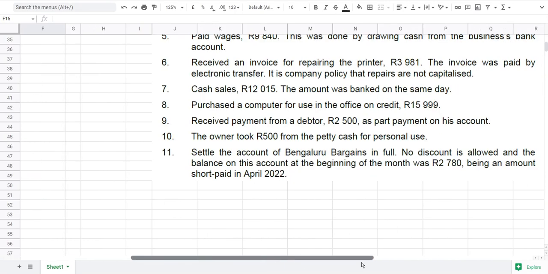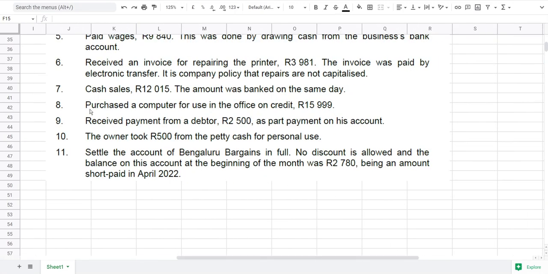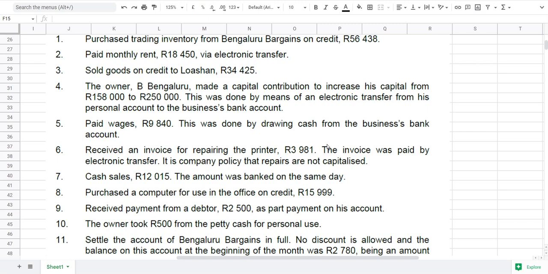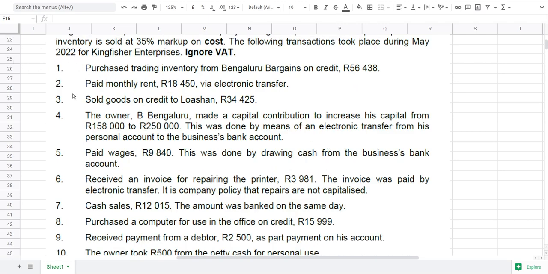Then we go to the last transaction. It says settle the account of Bengaluru bargains in full. No discount is allowed, and the balance on this account at the beginning of the month was 2,780, being an amount short paid in April 2022. So remember, the first transaction says we have purchased trading inventory from Bengaluru bargains on credit.